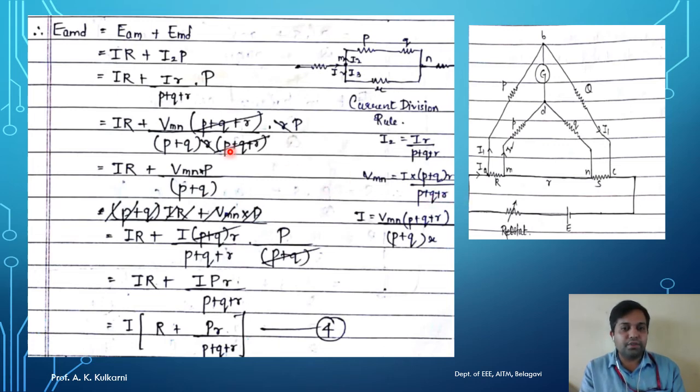If we substitute over here, these terms get cancelled. Ultimately we get only Vmn into P divided by P plus Q, if you simplify it further.